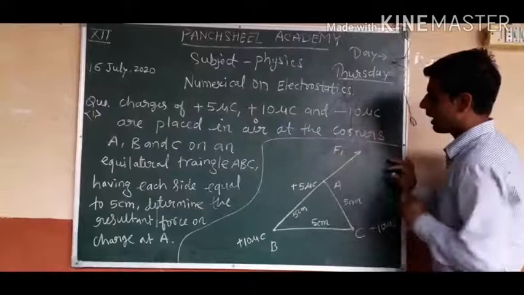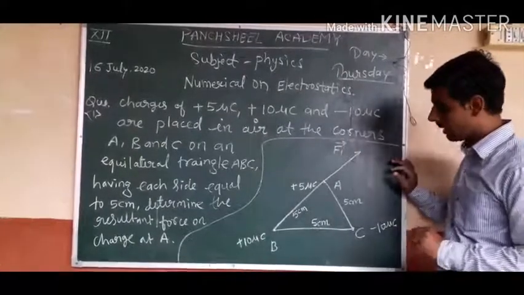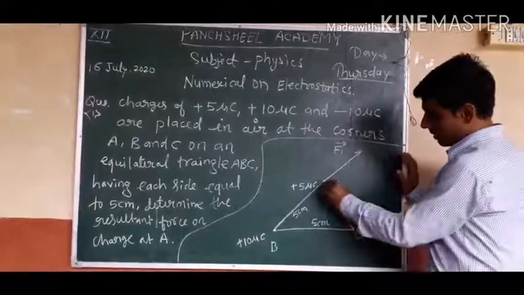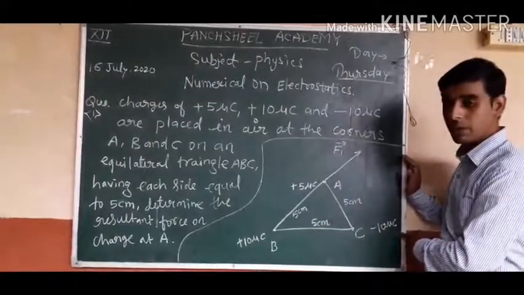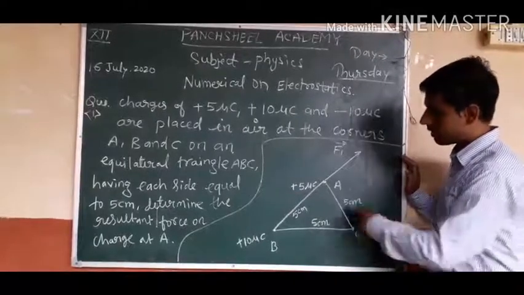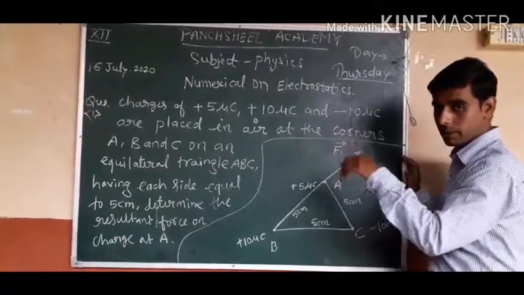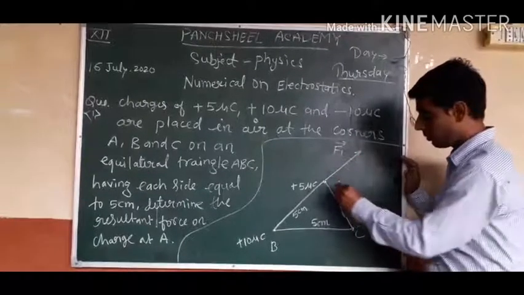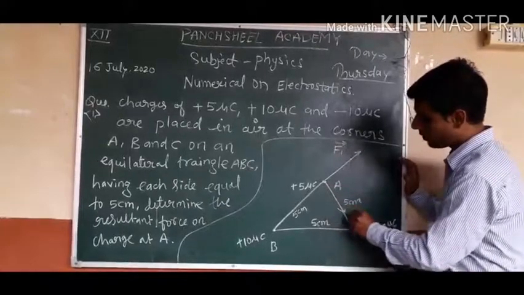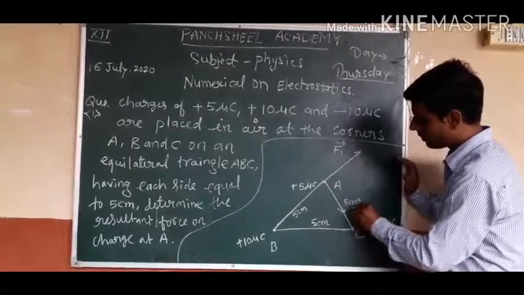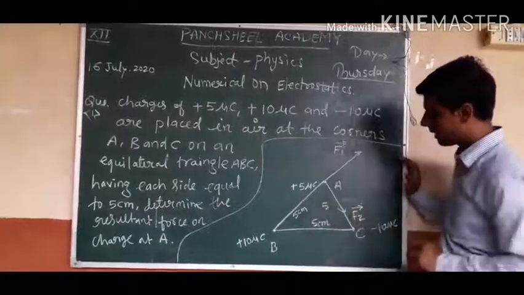Suppose this is F1 in this direction. And what about this minus 10 microcoulomb? This is minus 10 and this is plus 10. So the direction of force is repulsive or attractive? Attractive. So this is the force F2 in this direction.